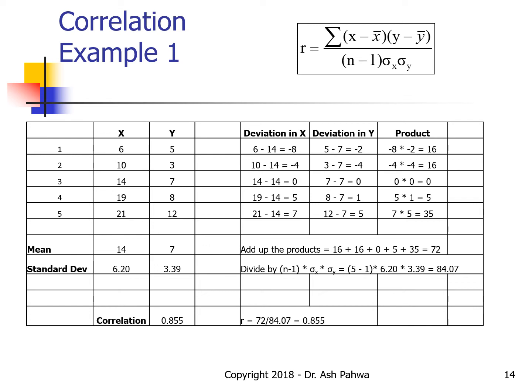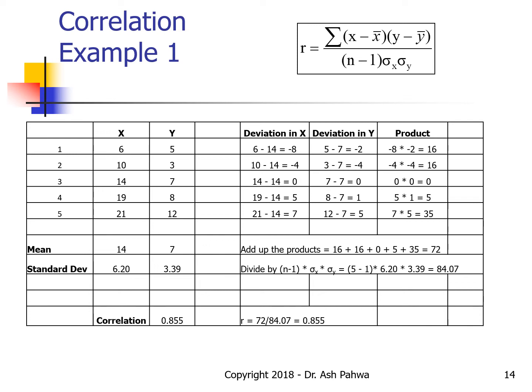Then when we were computing the covariance, we divided 72 by n-1, which was 4, and we got the value of 18. But now to compute the correlation, we are also going to divide this number 72 not only by n-1, but also by the standard deviations of x and y. We have to compute the standard deviation of x and y beforehand.